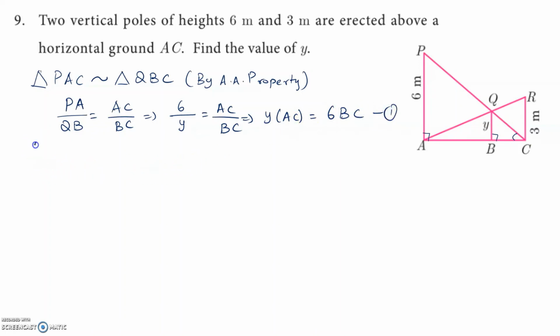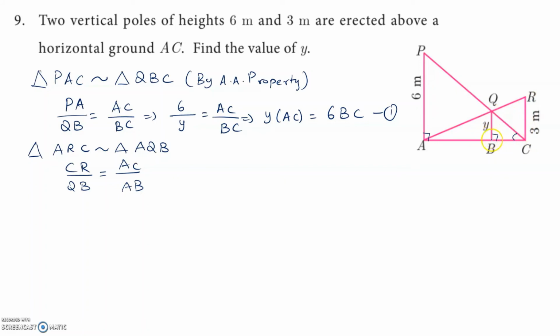Next, let's consider triangle ARC, which is this triangle here, and it's similar to the triangle AQB, using the same property of two angles which are equal. So again, we can find the ratio of the sides. So we can say CR over QB is equal to AC over AB.